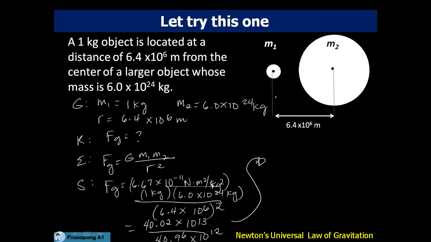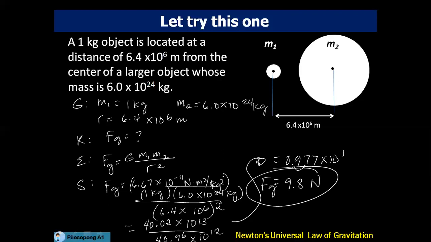To continue with our calculation, we'll have an answer of 0.977 times 10 raised to 1. You just need to adjust the decimal point so that we can get a standard form of the number, that is 9.8 newtons. That will be the value of Fg in this case.